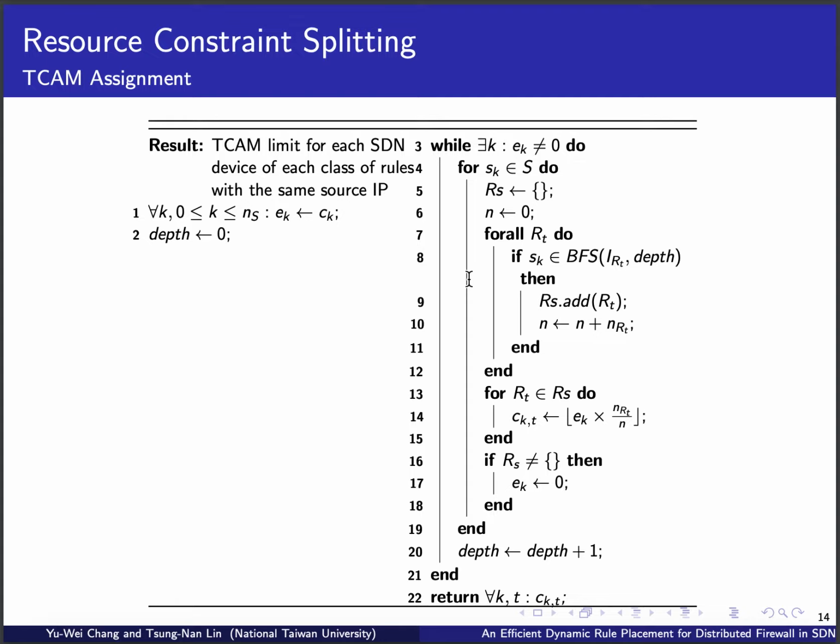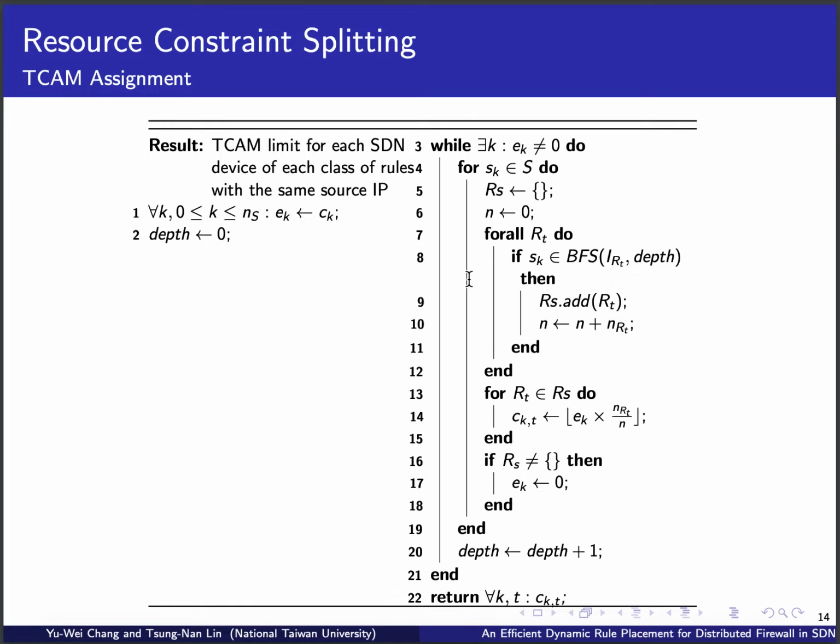And the second step, we will use a TCAM memory assignment. Since the TCAM memory of each SDN device is shared among all the small integer linear programming problems, the TCAM limit of the original integer programming problem is split into parts.